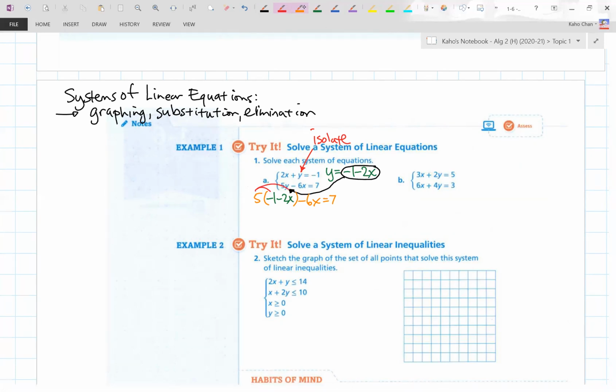Remember, the whole point of using these methods is to eliminate a variable. Combine like terms on the left-hand side. And now it's ready to be solved for x by undoing operations.